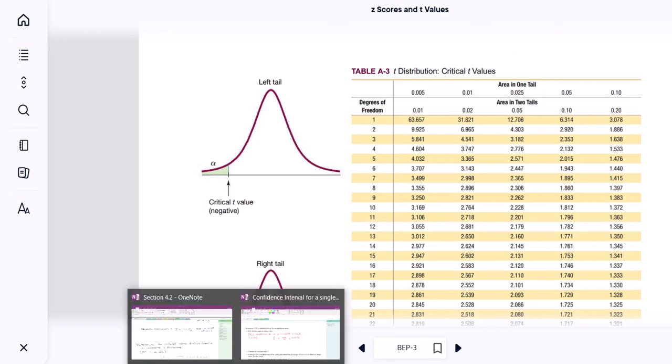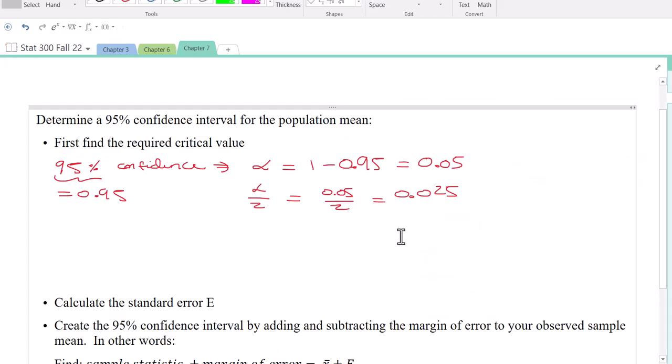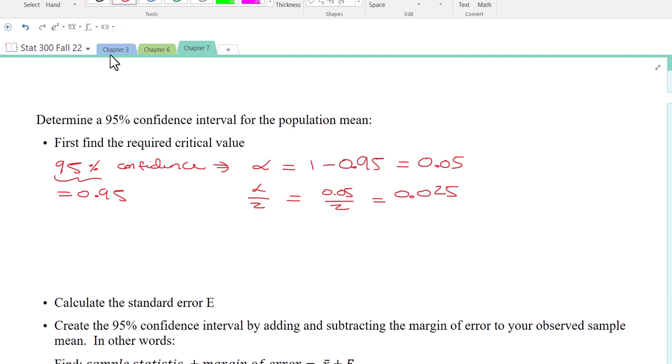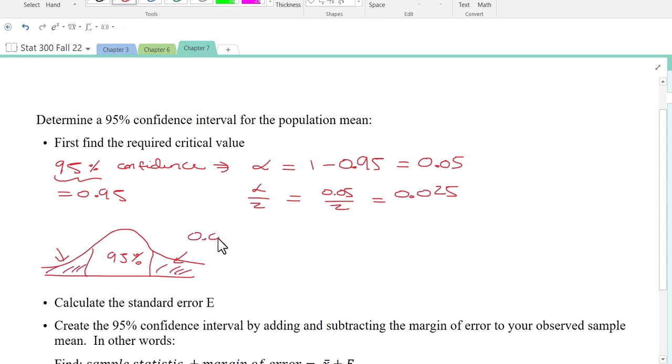The reason for that is, going back over here, when you have the bell curve, and here is 95%, then the two tails have the rest, the other 5%. So when you're looking at the two tails together, they make 0.05, but when you look at just one tail, it's half of that.